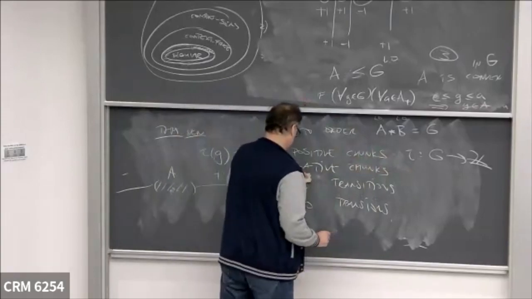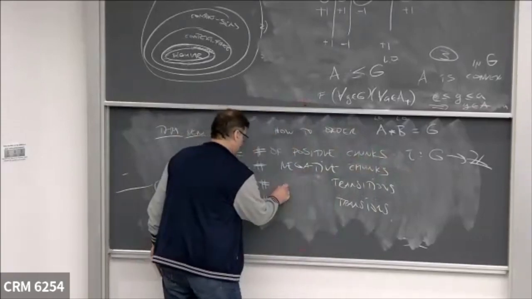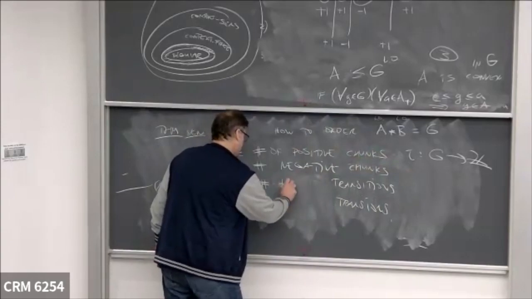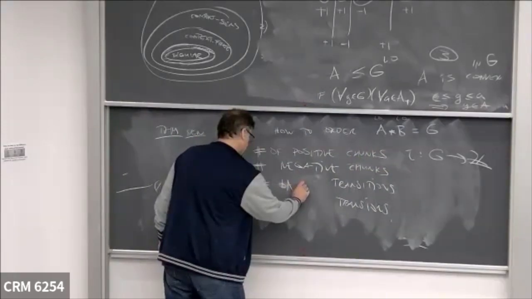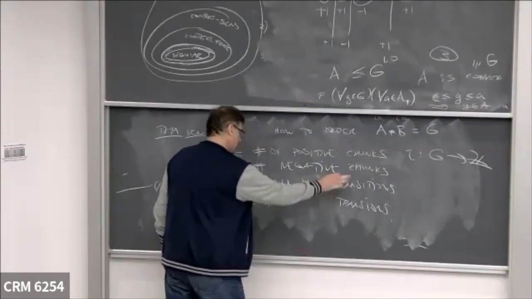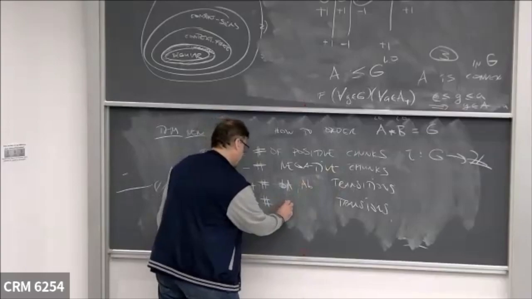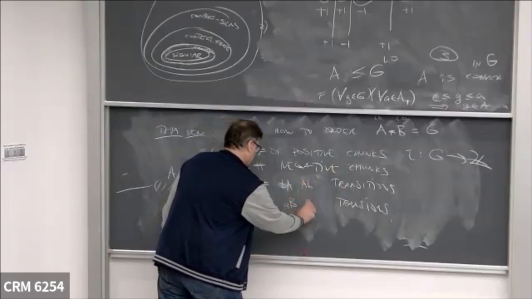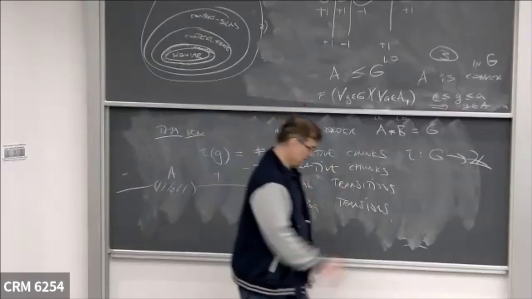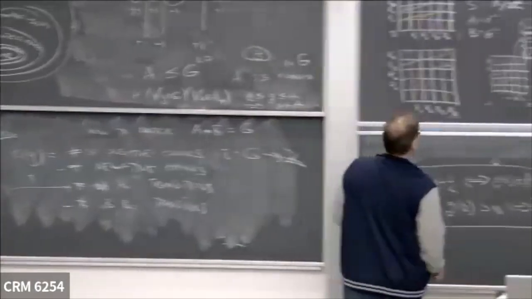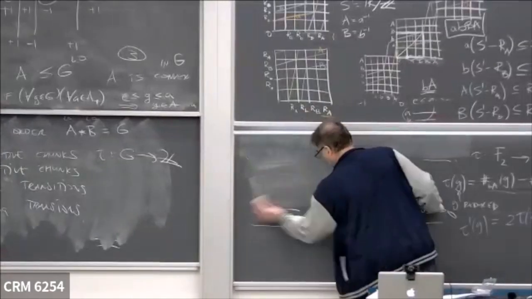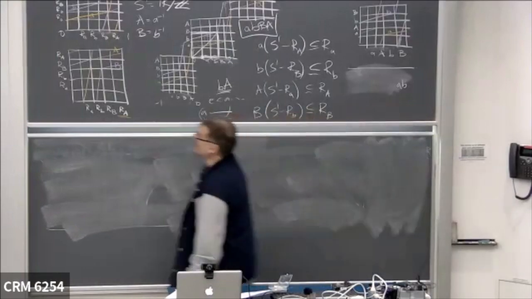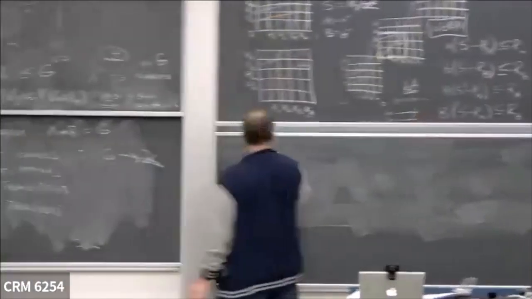Let's put it this way: the positive BA and AB transitions, and negative AB and BA transitions. Okay, so now I need to explain the meaning of these things. What are these chunks that I'm talking about? If I go back to this word, let's write it again.